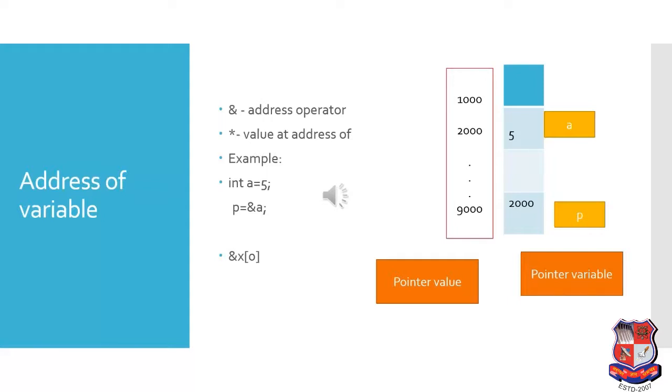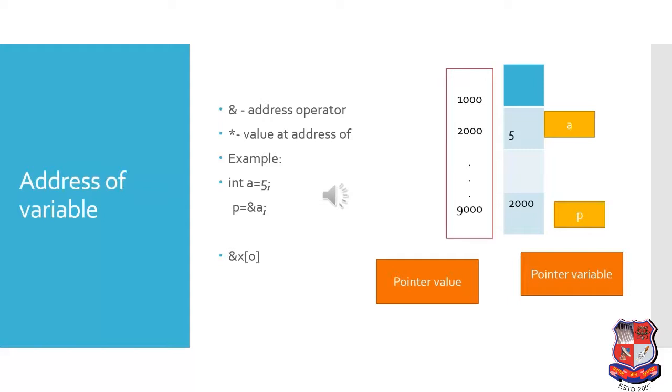Now let's look at the diagram. Let us say p is given the memory at address 9000, and the value it is going to store is the address of a, that is 2000. Clear? So p is pointing to a.